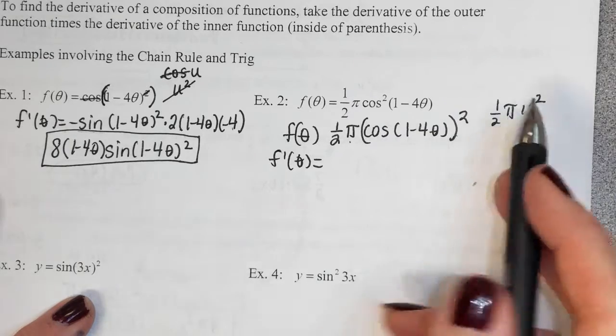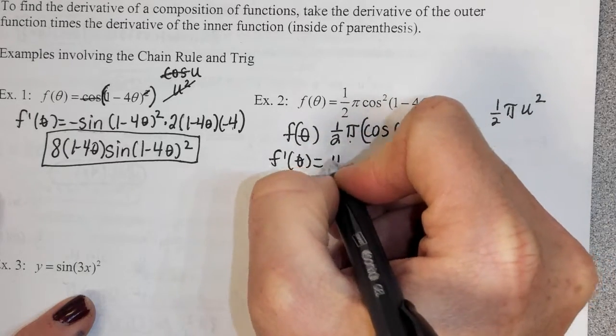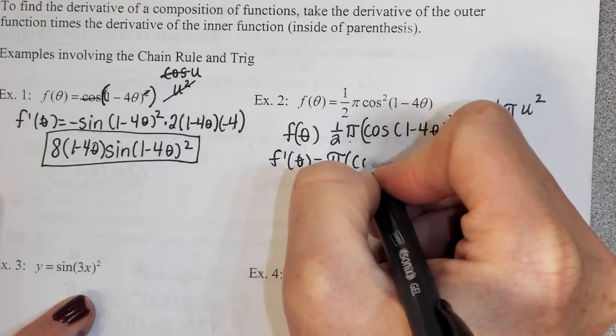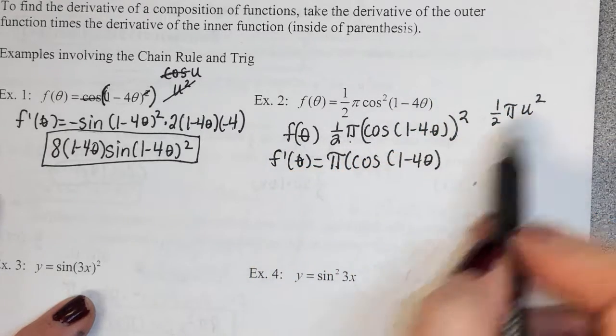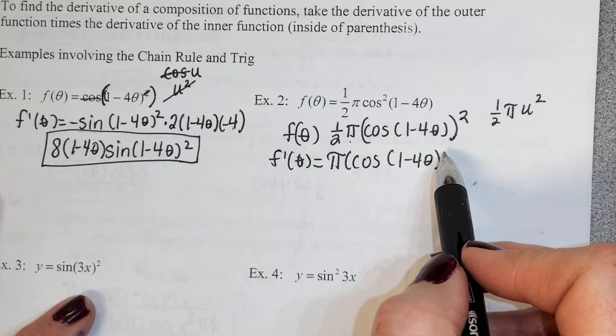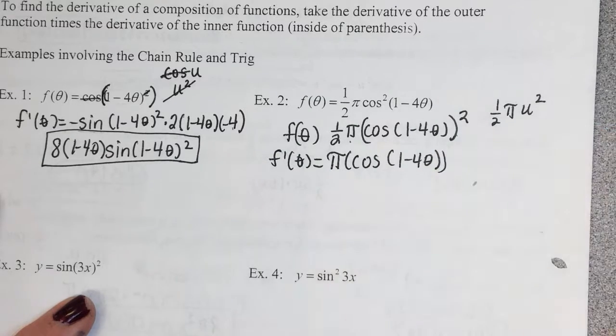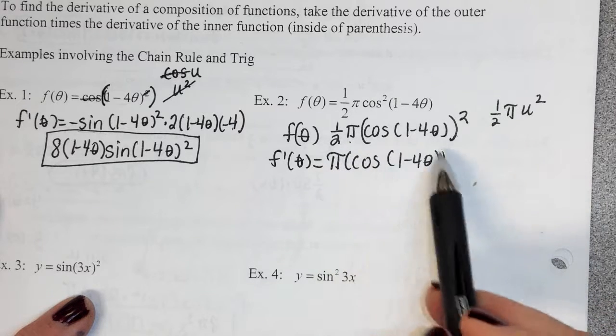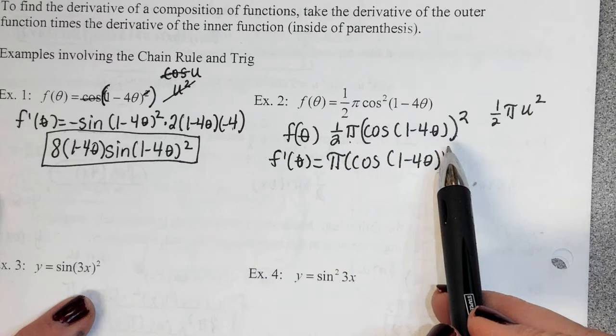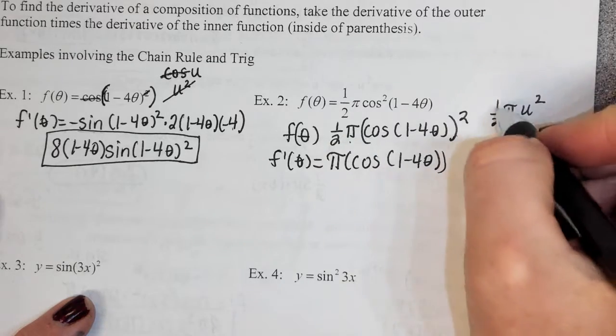Well, that's just 1 pi. So it's going to be just pi u to the first. Okay? So that's what I've got for that. Pi, here's my u to the first power. So now I'm done with all of this part.